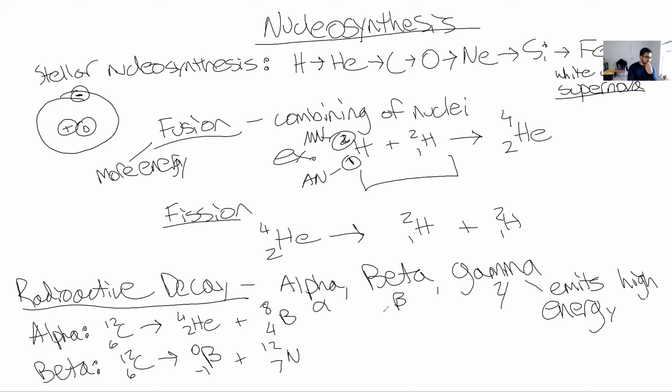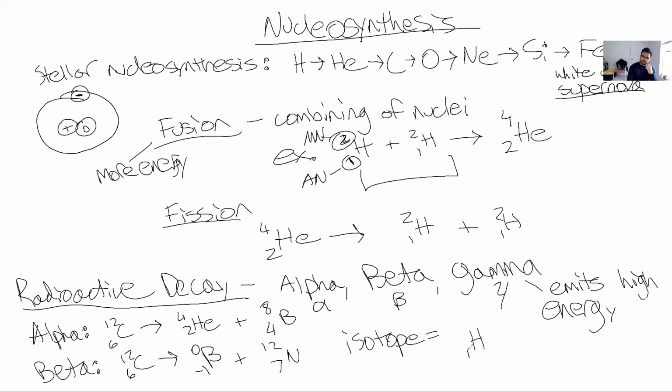And one last thing that I want to mention is, well, actually a couple more things I want to mention. Isotopes. So an isotope is just a type of nucleus that has the same number of protons, but it has a different number of neutrons. So an example of that would be, let's just say we have a hydrogen atom.